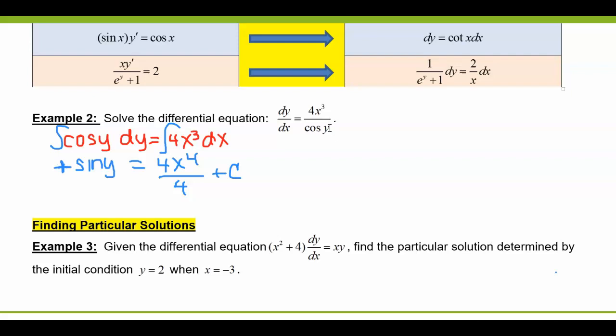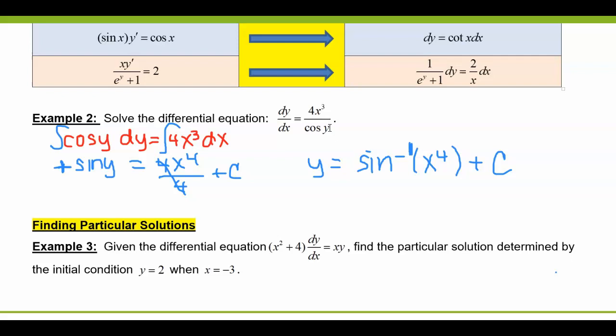Sorry, it would be a plus sign. And if you wanted to get the y away from the sine, you would take the inverse sine of both sides. And you'd have sine inverse x to the 4th plus c.